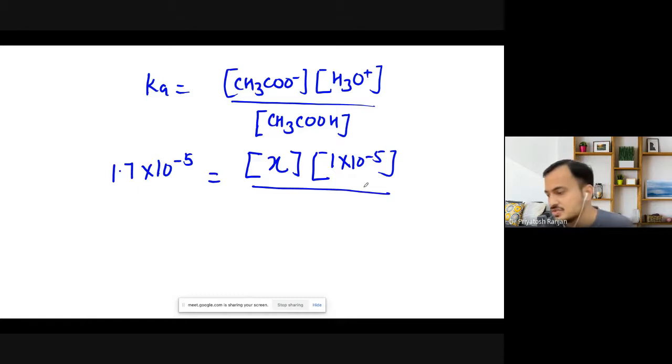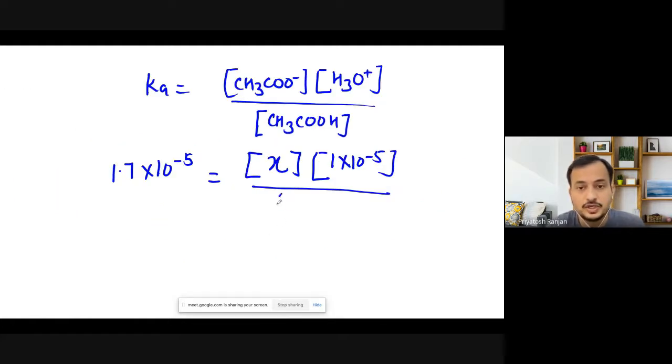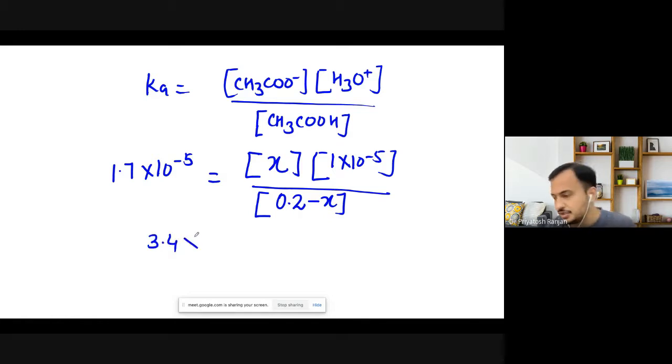What is the concentration of CH3COOH going to be at the final equilibrium? Initially it was 0.2, it is going to dissociate some, release some proton. So I can write it as 0.2 minus X. Simple equation, just try to solve it, and you will get 3.4 into 10 raised to the power minus 6.